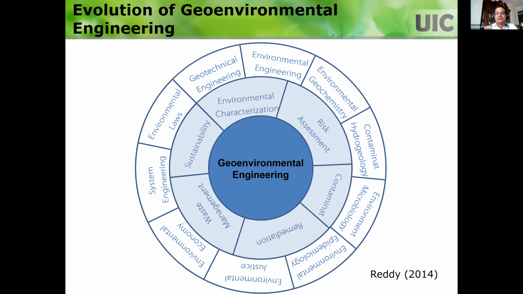Once you understand these two things, you can have containment solutions to the problem. You can look at containment or remediation. And then you can also look at prevention strategies and sustainability going into the future. You cannot keep on having pollution problems. So you really need to address the situation, not to repeat the same kind of environmental problems going into the future, so we make sure the future is sustainable.